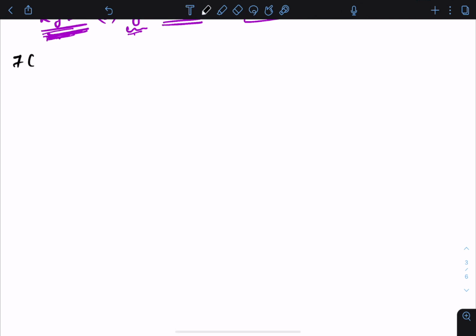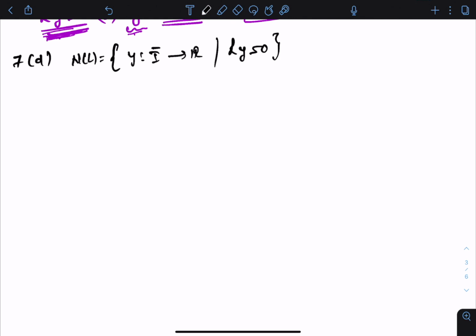So 7D. If you recall, the null space of L is the set of all y such that Ly equal to 0.